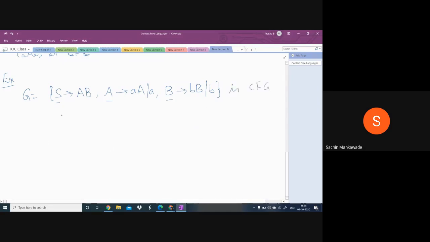Okay. From this, I will derive one string. Look at this, S derives AB. And after this, we can apply a production either in A place or in B place. I am applying in A place AA.